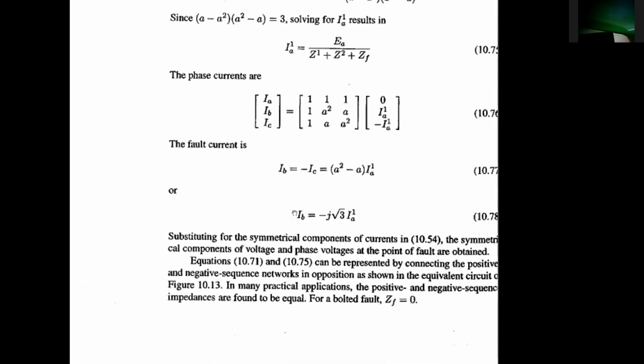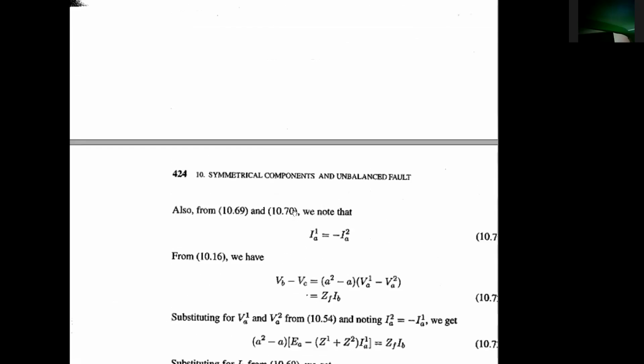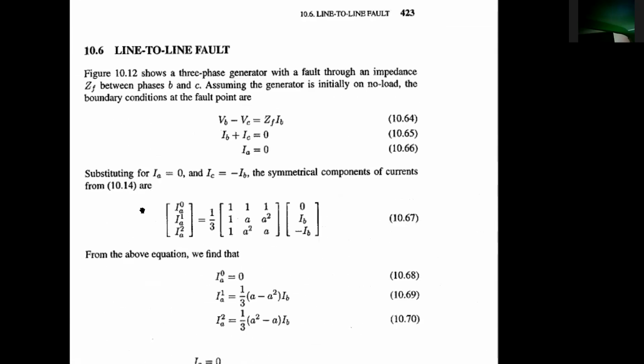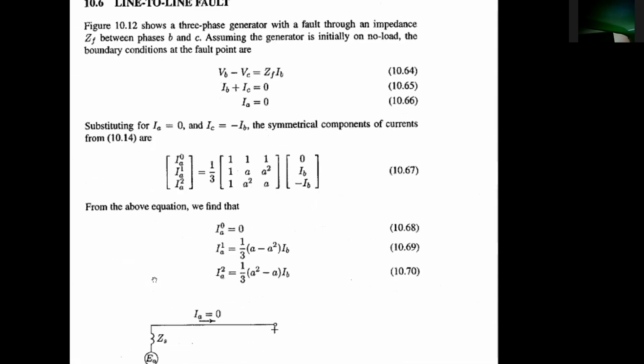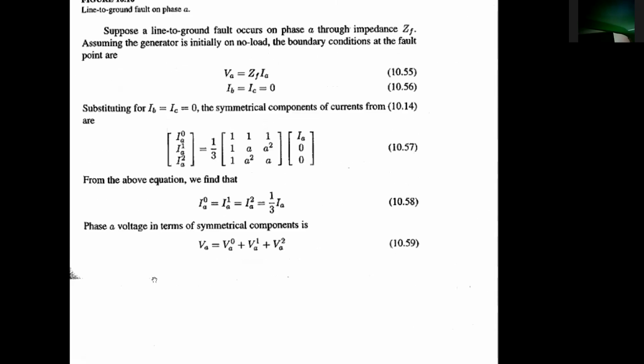Actually, what you have to do is use IA first in terms of ABC, first step. Then you can generate 0, 1, 2 from that IABC. And after that IABC determination in terms of 0, 1, 2, you have to put that information for voltage.